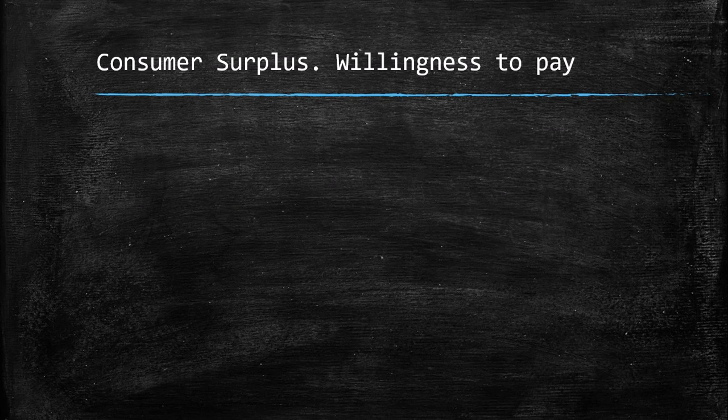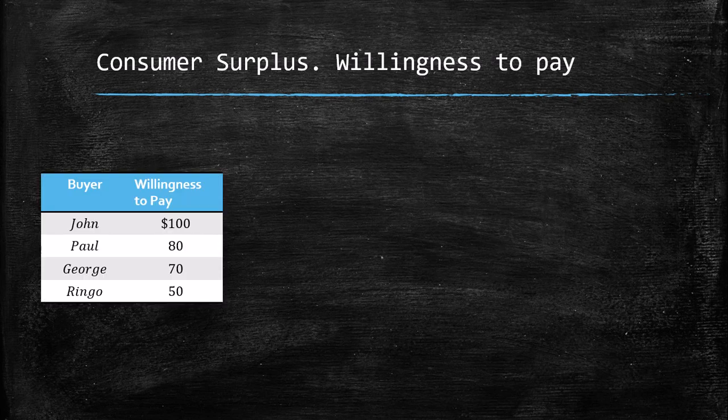To start analyzing the welfare in the market, we will go over consumer surplus and willingness to pay. I'm going to explain this term through an example which is in the book.